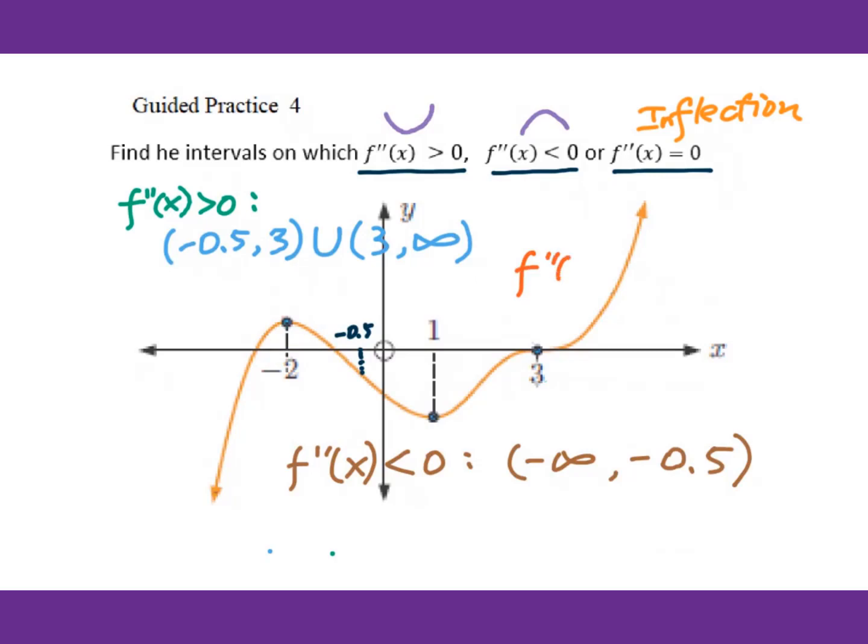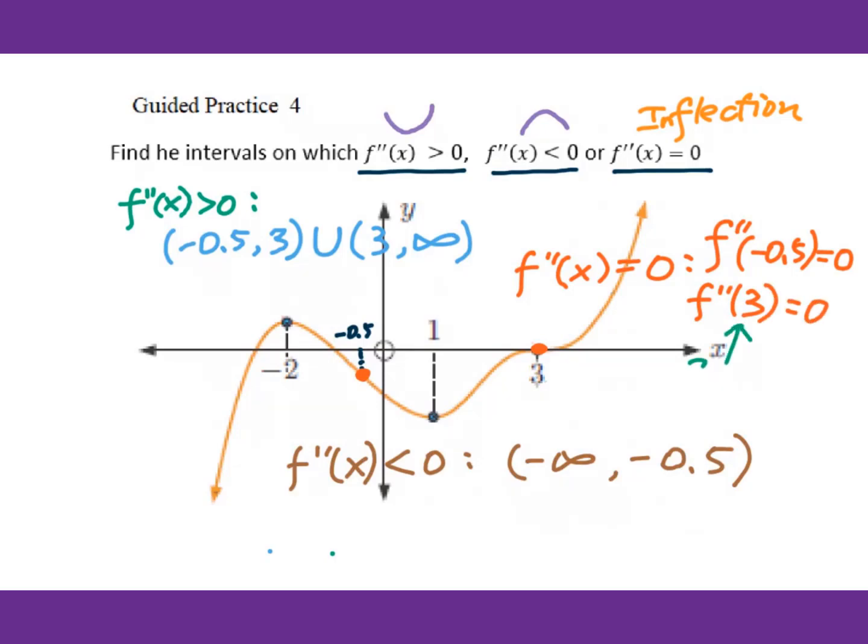For the second derivative equal to 0, check the inflection point. This is an inflection point, and this is an inflection point. Therefore, the second derivative of negative 0.5 equals 0, and also the second derivative of 3 equals 0.